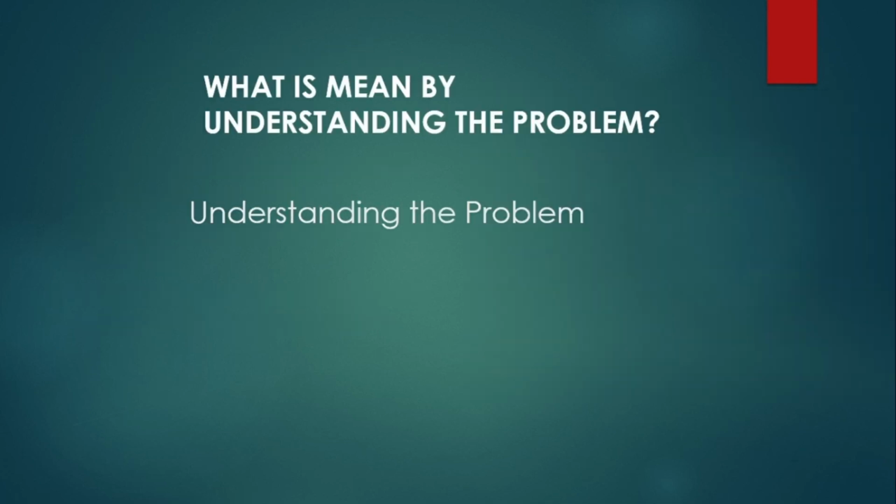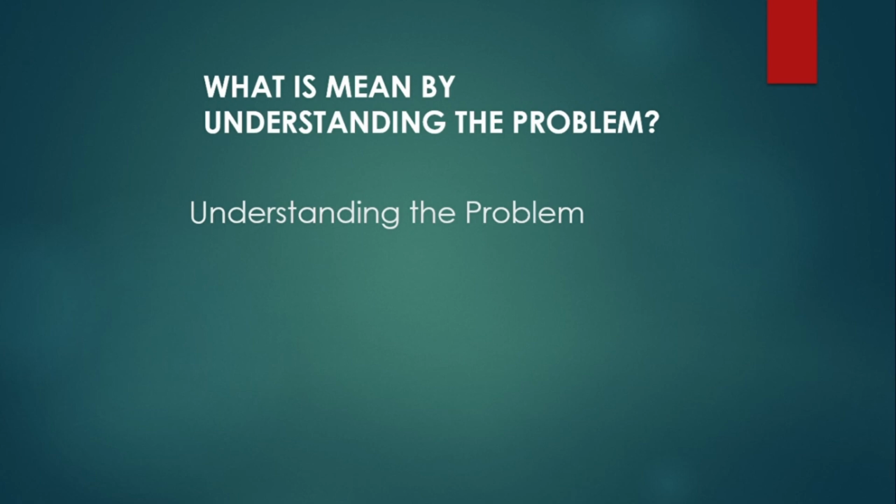Now, what is meant by understanding the problem? Understanding the problem is the main task of computer science, which is the job of a computer programmer. A programmer must first understand how humans solve their real-life problems and then translate them into a set of instructions in a programming language that a computer can understand and execute.